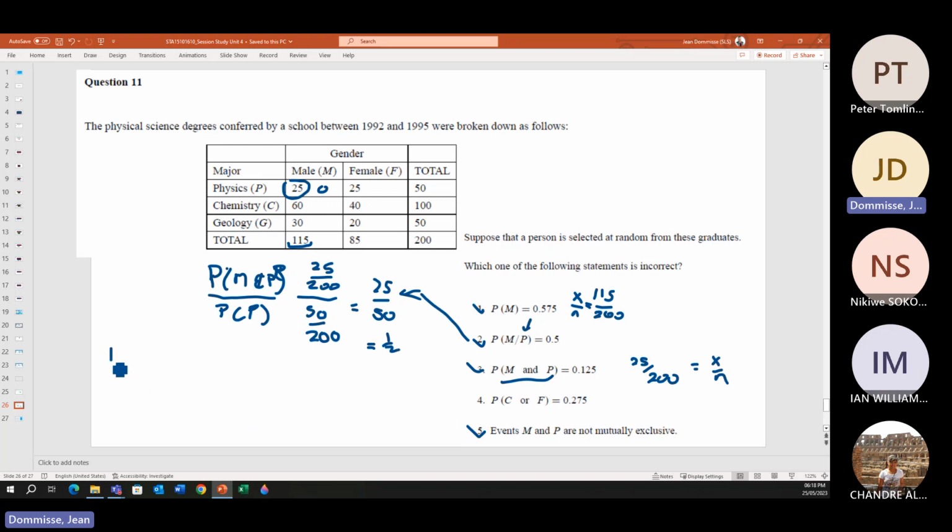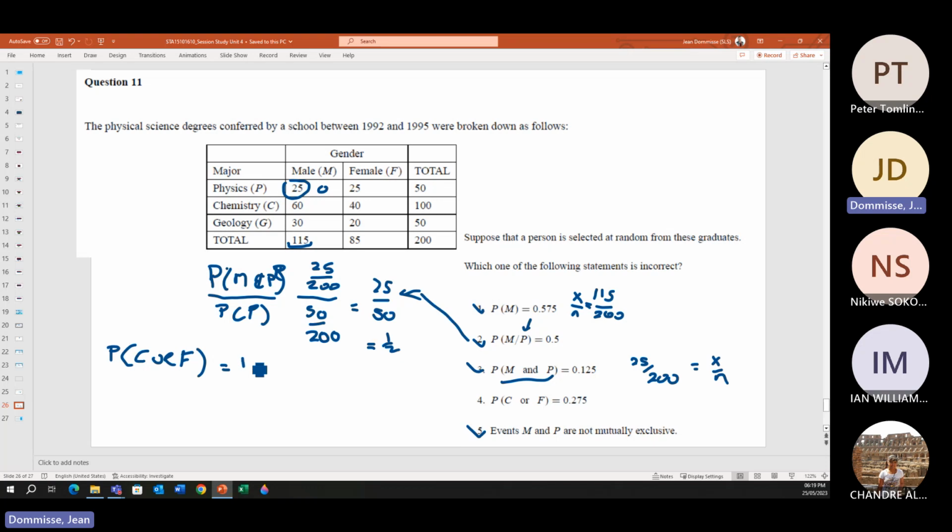What's the probability of C or F? Okay, so what's the probability that you study chemistry?